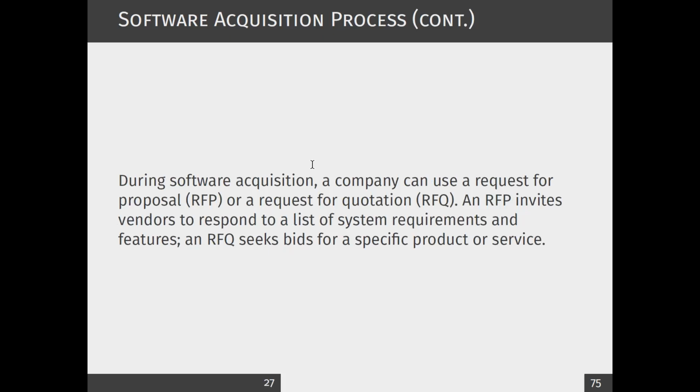So when you want acquisition, you can use a request for proposal or request for quotation. I think we discussed these ideas in the last session as well, which we can use for vendors to respond with the features.